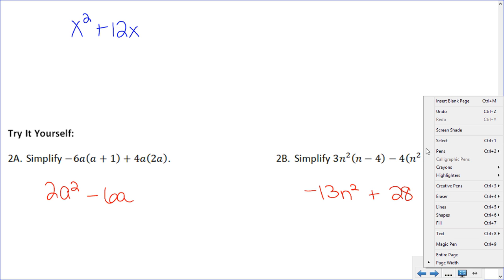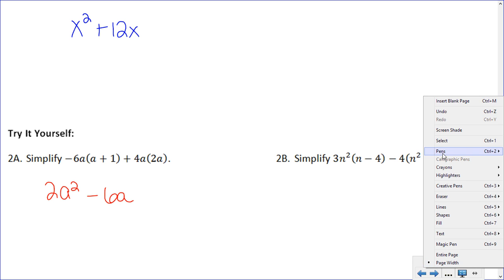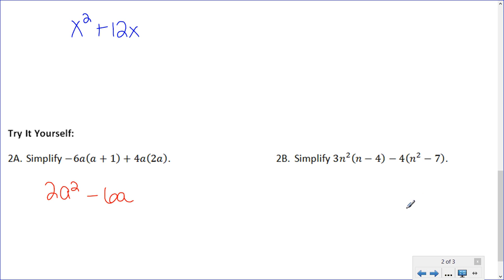Actually, I'm just realizing that I have a mistake on this one. Back up a step. Yeah, maybe if you got the wrong answer, you should check with me first to see if maybe I had the wrong answer. I left off my n cubed, so you should actually have 3n cubed minus 16n squared plus 28.